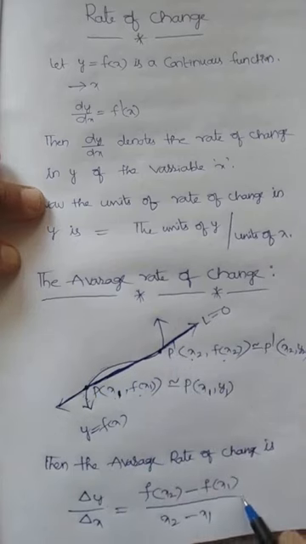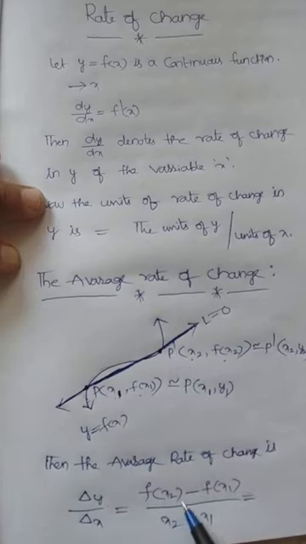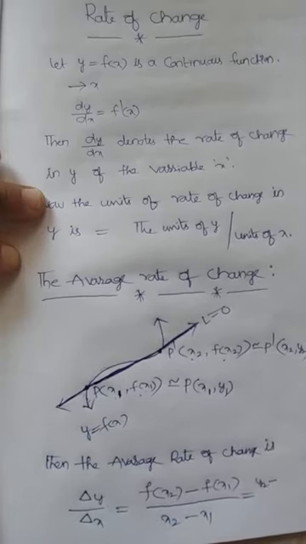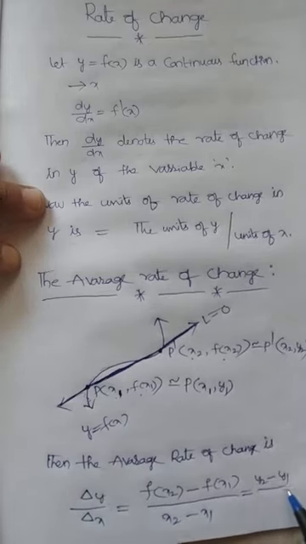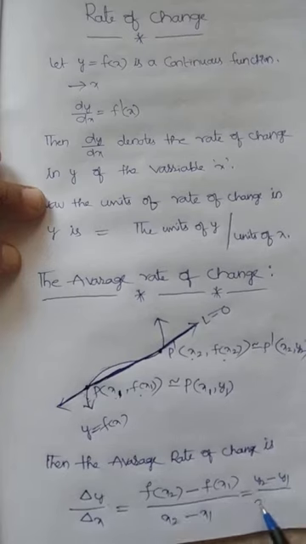As per our discussion, f of x2 is y2 minus f of x1 which is y1, by x2 minus x1.